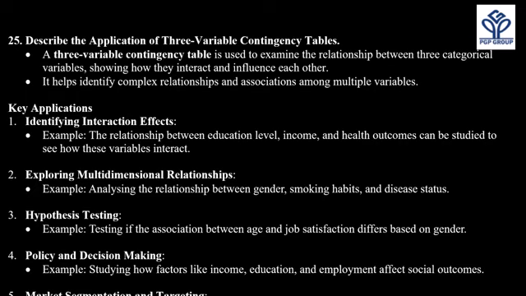You can write it in your own way. So a three variable contingency table is used in examining the relationship between the three categorical variables. So how these variables interact and influence each other. So it helps to identify the complex relationships. You can identify the associations among the multiple variables. Okay, these are all the applications.